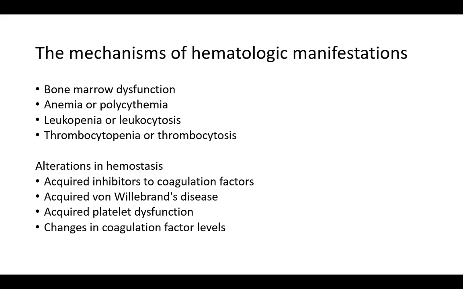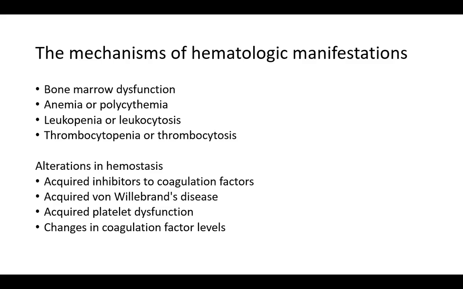What are the mechanisms of those hematological manifestations? They may be due to bone marrow dysfunction, resulting in anemia or polycythemia. They may result in leukopenia or leukocytosis in some cases, or thrombocytopenia or thrombocytosis.